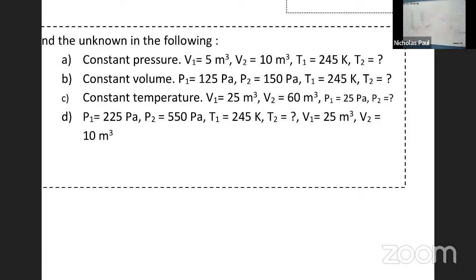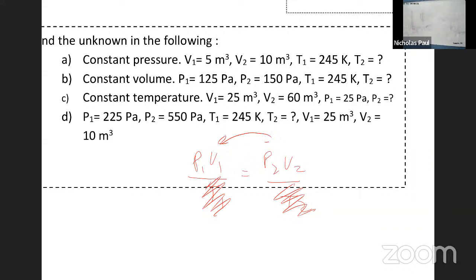All right, so just to give you an idea of how to use the rules, based on what you have, if it's what constant, you can figure out which laws. Nothing constant, general gas law. While you're working, there's something I want to note. If you learn the general gas law, and you recognize temperature constant, then all you have to do is take off temperature, and you will see that they're using Boyle's law.